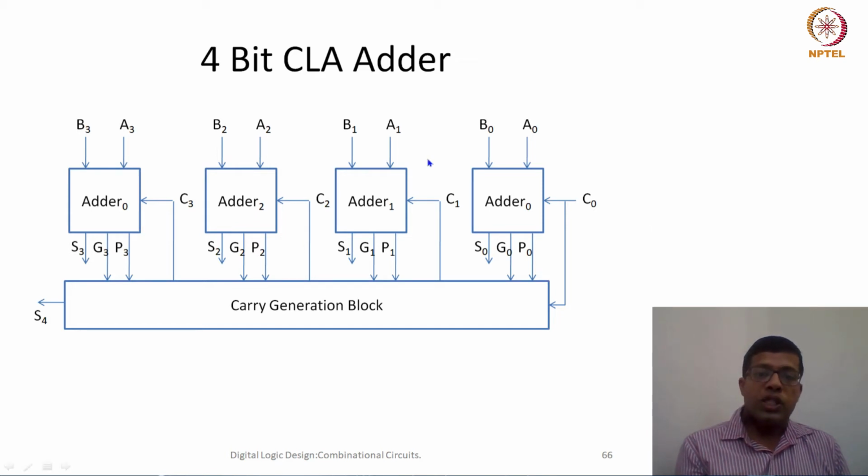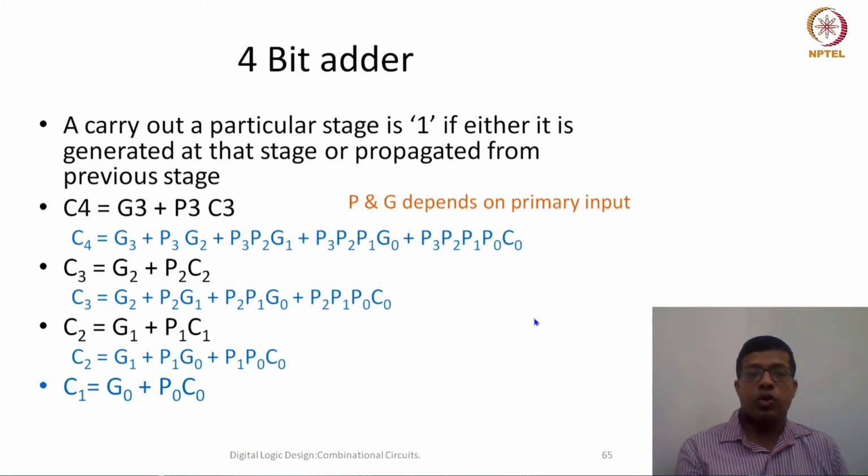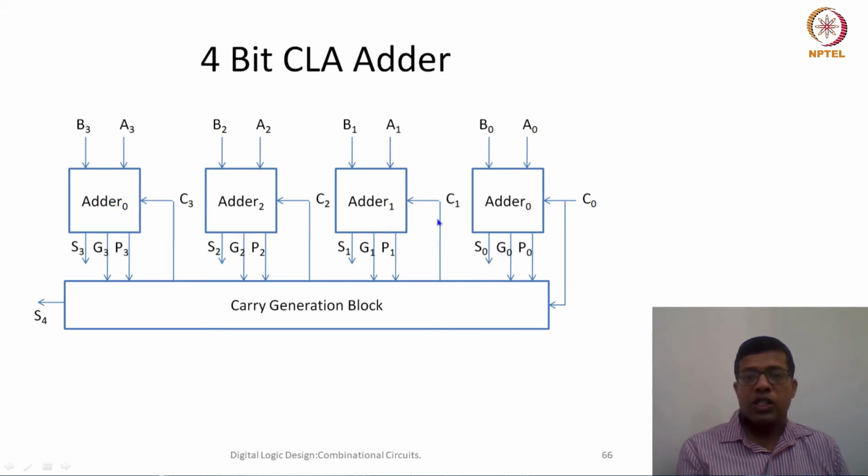Similarly for all these stages we'll have generate and propagate, and then there could be a carry generation block which can use all these equations to find out the carry values C1, C2, C3 and C4. All these values would be generated as output of this carry generation block.